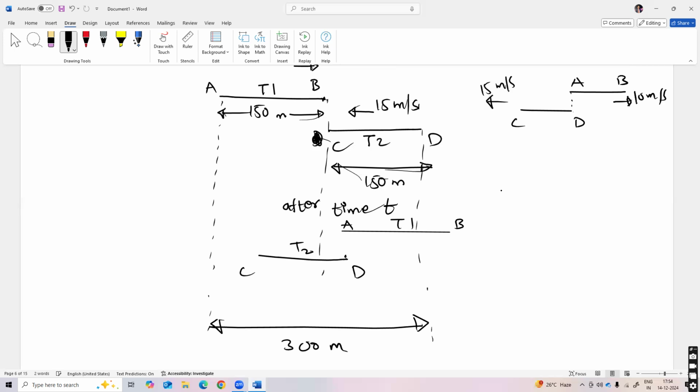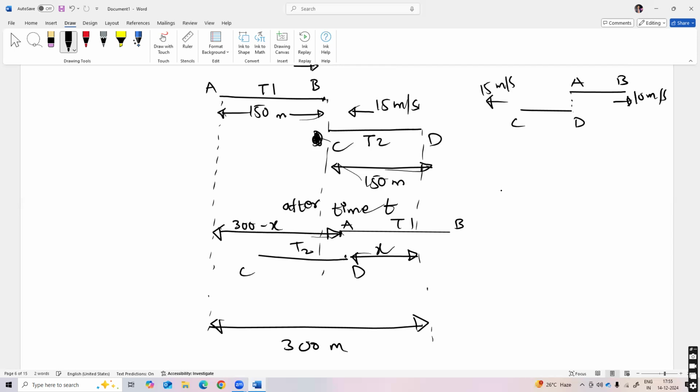Now let's consider that train CD has traveled a distance x in time t. So the distance traveled by AB is 300 minus x.